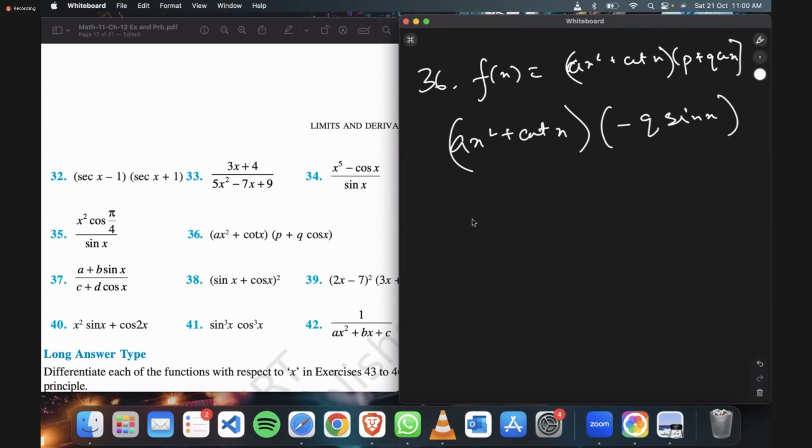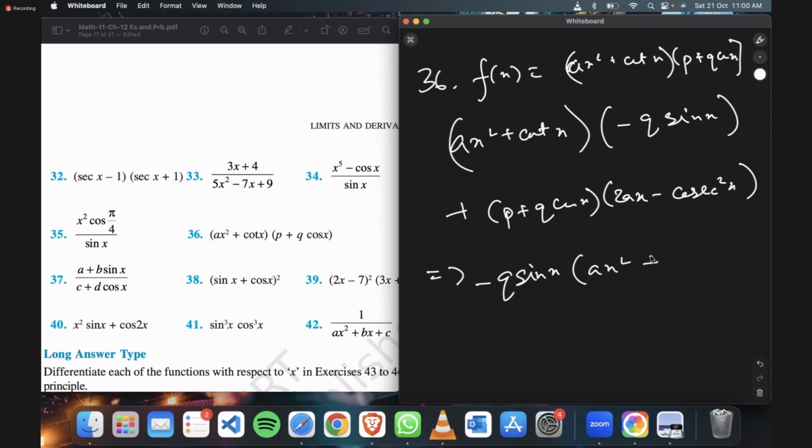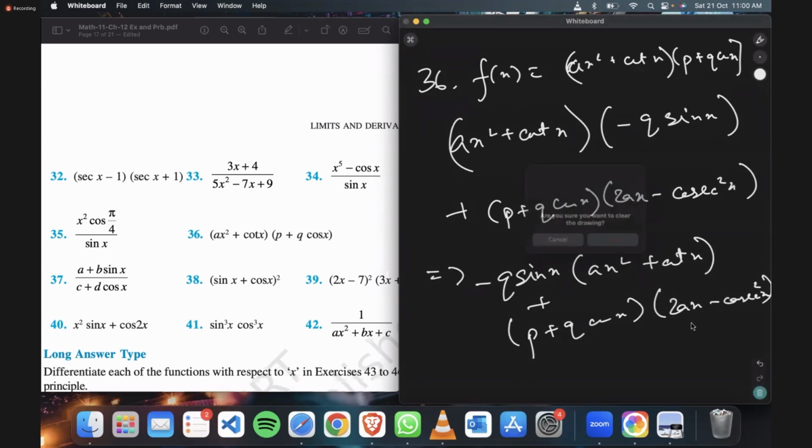And here I'm going to have plus (p plus q cos x) times (2ax minus cosec square x). Alright. So the final answer will be: minus q sin x (ax square plus cot x) plus (p plus q cos x) multiplied with (2ax minus cosec square x). Alright. Let's see what we can do next. This was your final answer.